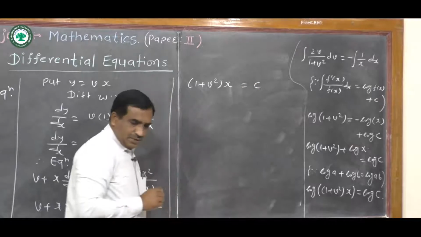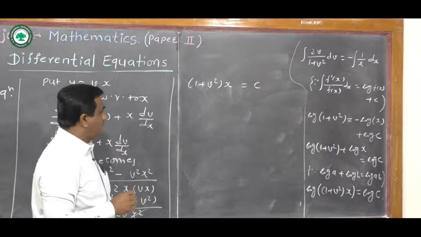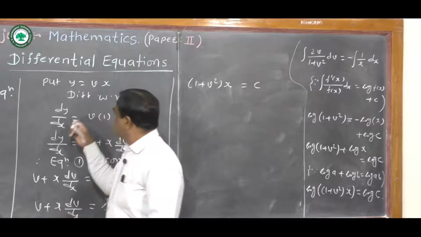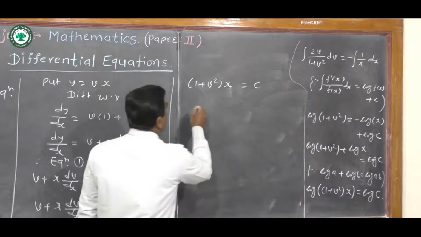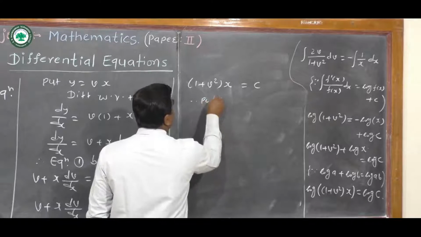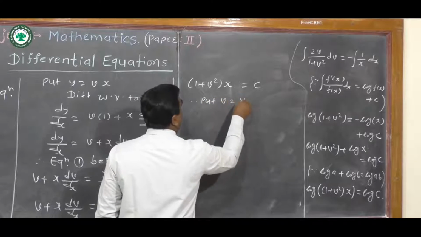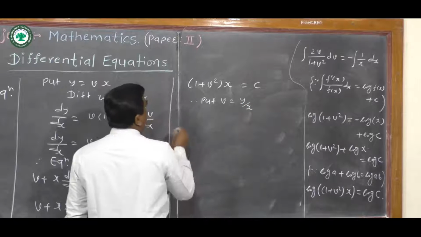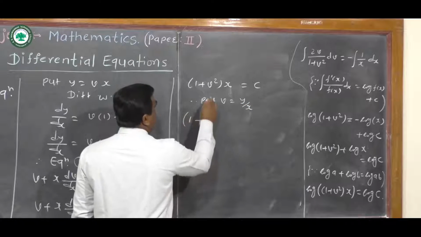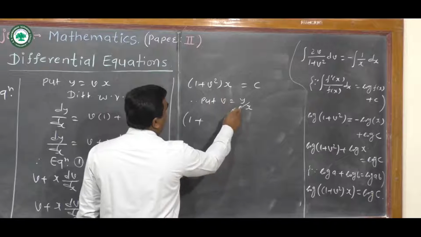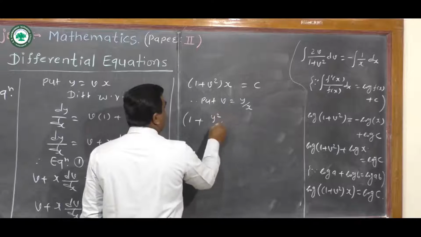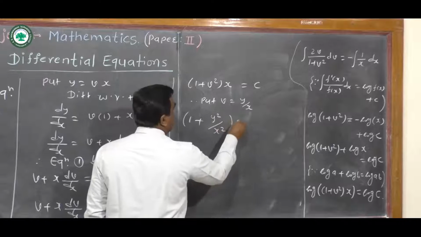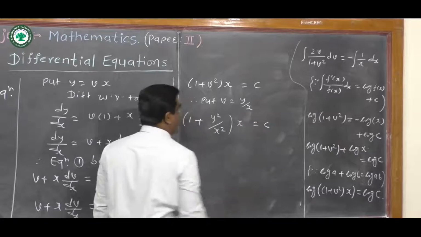Okay, now we can put the value of v from the equation y equal to vx, v is equal to y upon x. Therefore put v equal to y upon x, then 1 plus v square means y square upon x square, into x equal to c.